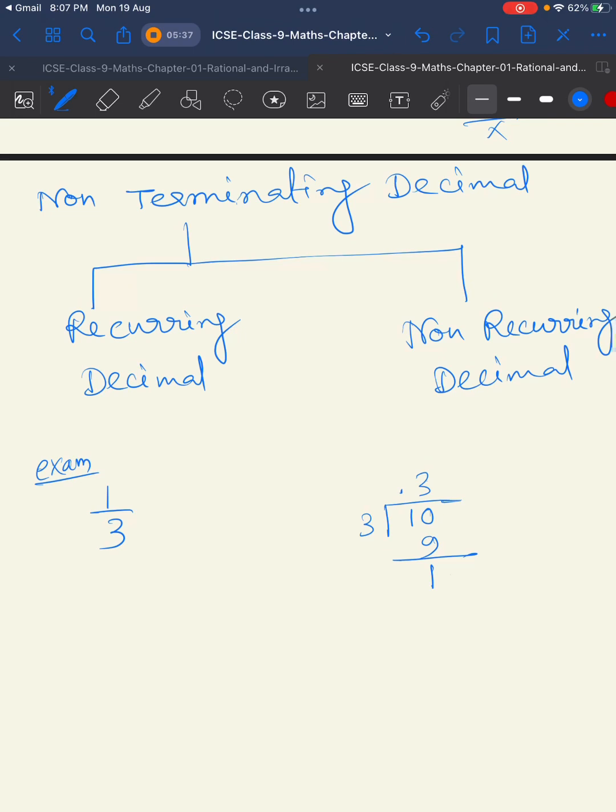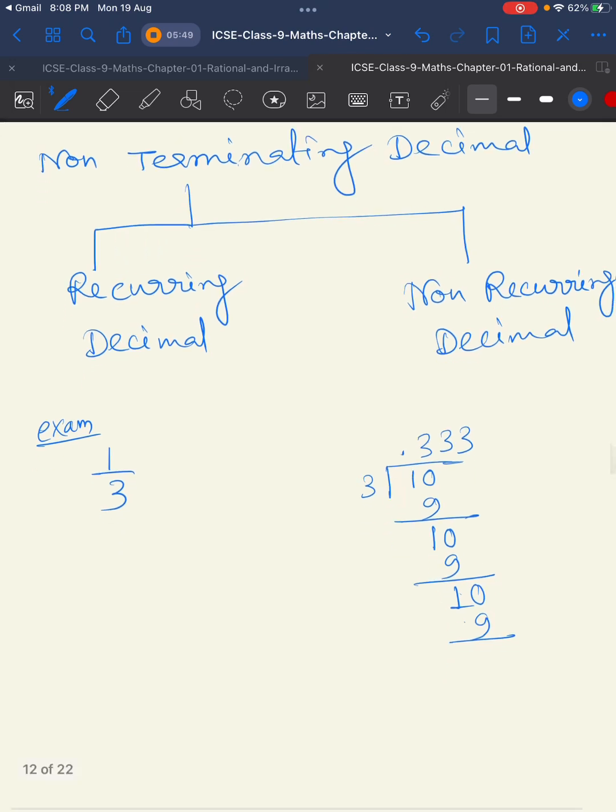Then we bring down 1. Now for the point we get 0. Now 3 threes are 9. Again we bring down 1. So here 0. Now 3 threes are 9. And this is repeated. 0.333 is repeated, and so on.